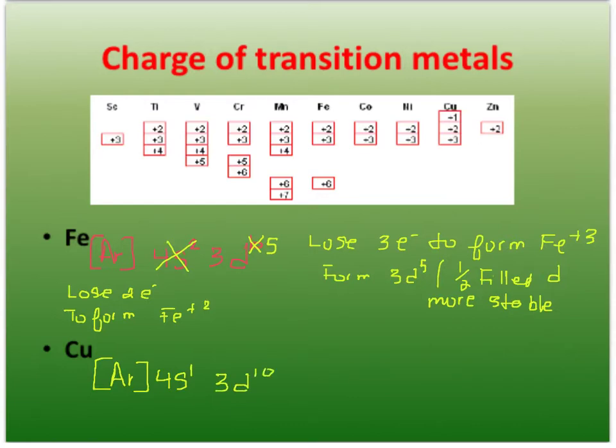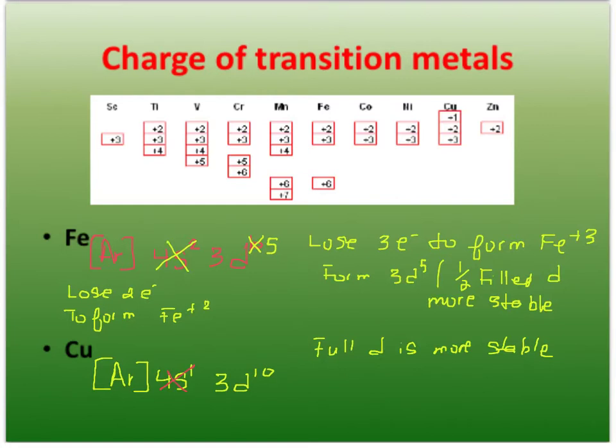So remember, it moves 1 electron from the 4s into the 3d to fill that 3d, because a full d is more stable. So when it has to form an ion, it would lose this 1 electron just to leave us with a 3d10. That's how it forms the +1, and it's an exception.